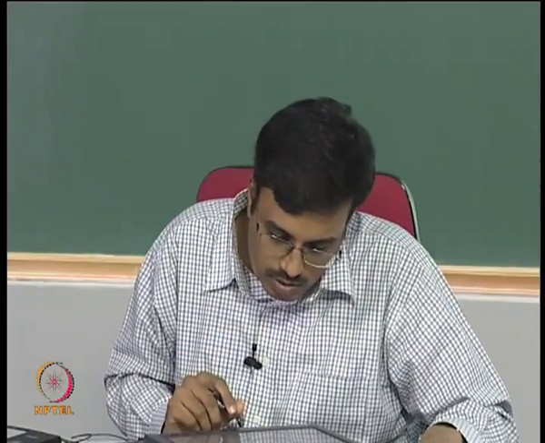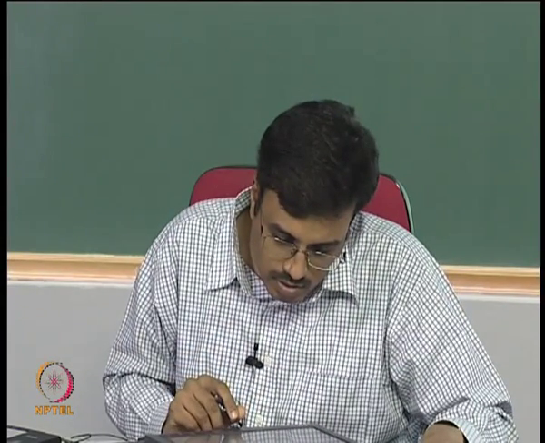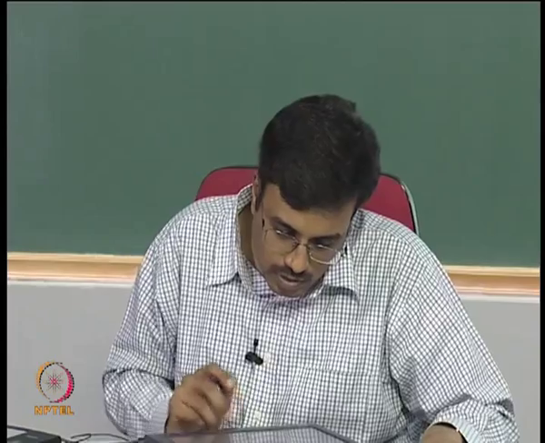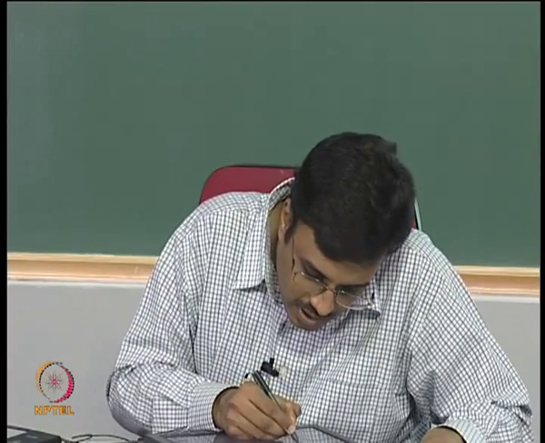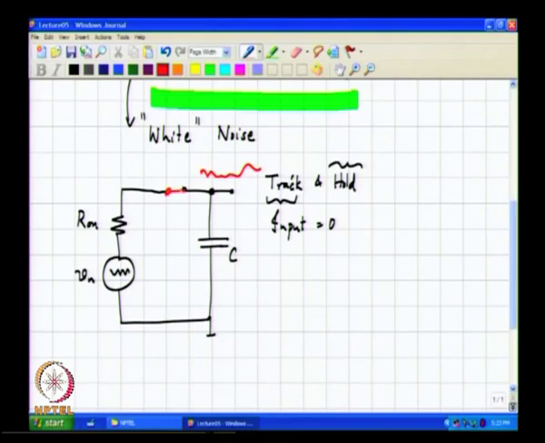Okay. Now, given that the average value of Vn is 0, can you now comment on the average value of the noise quantity that is sampled on the capacitor? Please note that Vn appears in series with the input, correct. Just like the input is sampled when you open the switch, the switch does not know what is input and what is noise, right.